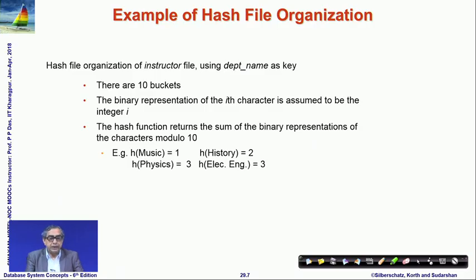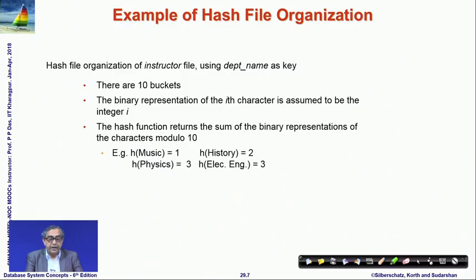Let us take a quick example: hash file organization of an instructor file using, say, department name as key. We need to design a hash function. Let us assume that on the address space B, we have 10 buckets. Every bucket is designated by a serial number, bucket 0 to bucket 9, and we take department name as a key, so it is a character string.